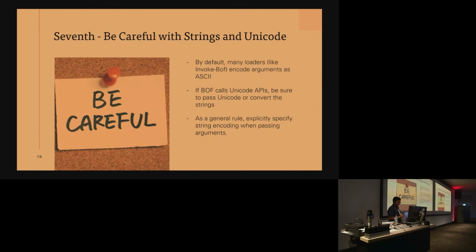So you can encode the arguments as ASCII, and if the beacon object file calls Unicode APIs, you should pass Unicode or convert the strings before passing them to the beacon API. And as a general rule, try to explicitly specify string encoding when passing arguments. This can be done, for example, with VirtualAllocExW, which is for Unicode, and VirtualAllocExA, which is for ASCII. So you can explicitly specify them, or you can just encode them before.